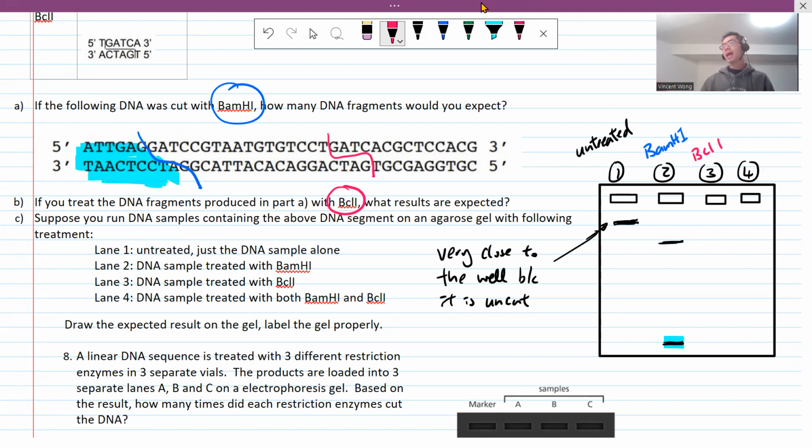So how many bands do you expect to see? How many lines of DNA are you going to see in lane number 3? Anybody?